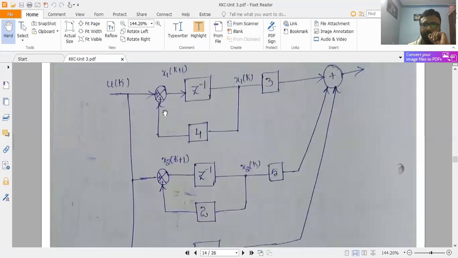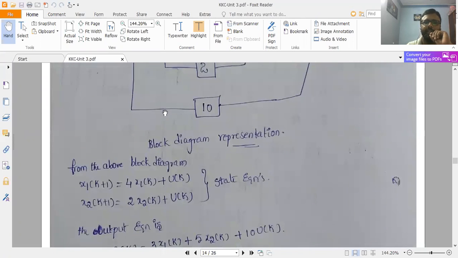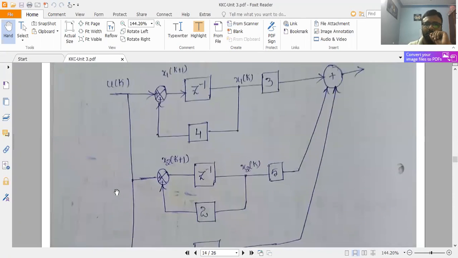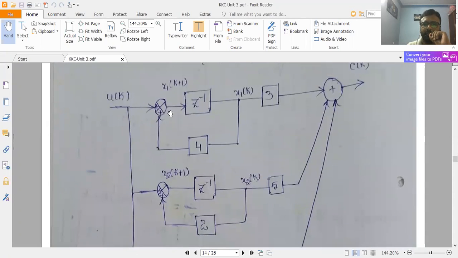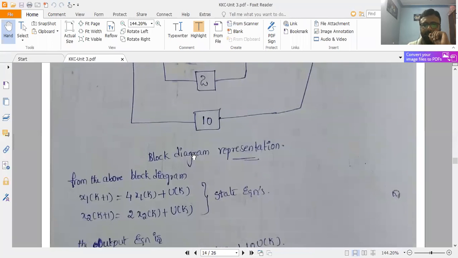From this block diagram, we obtain the value of x1 of k plus 1. What are the two summing values here? One is u of k and the second is x1 of k into 4. So x1 of k plus 1 is u of k plus 4 into x1 of k, that we have written here.